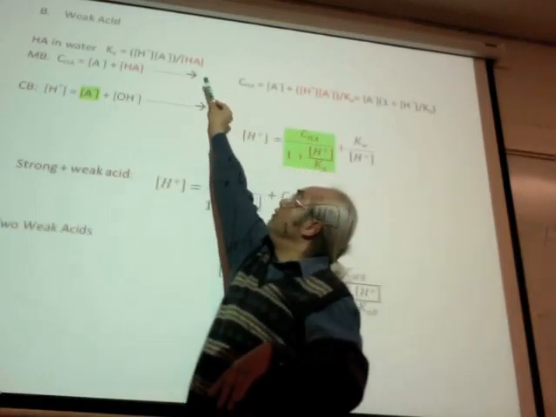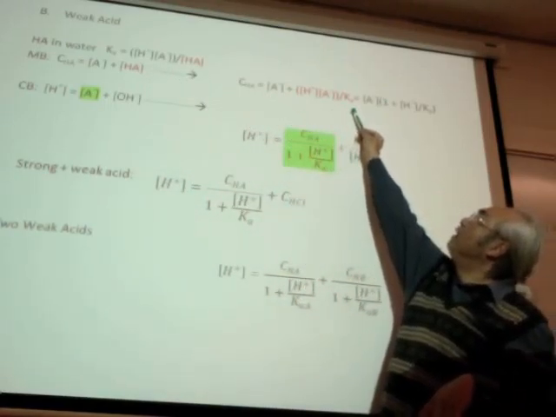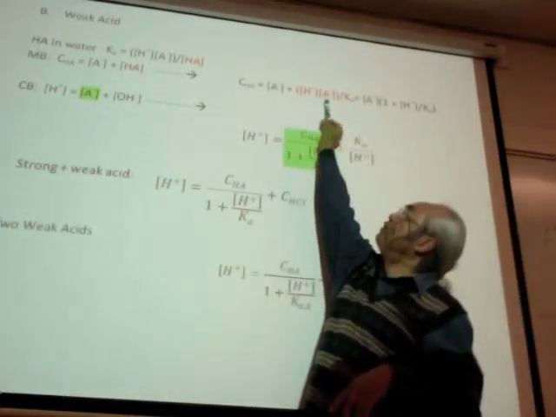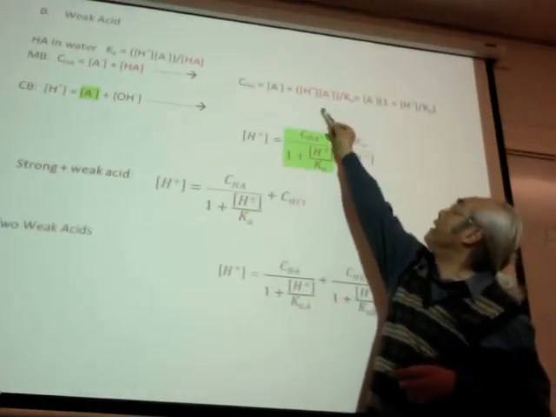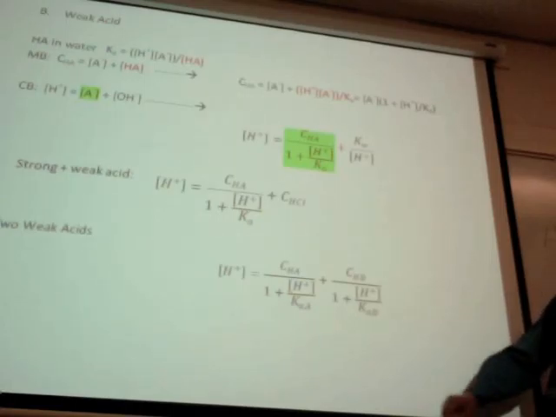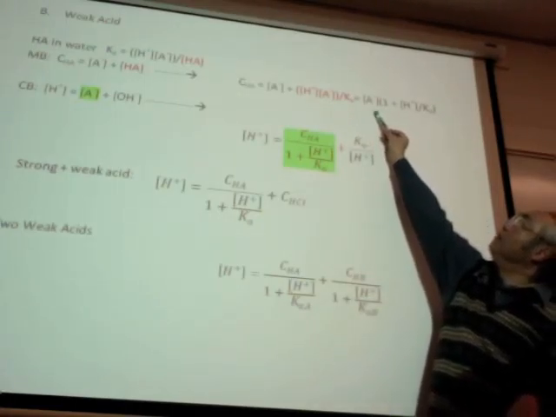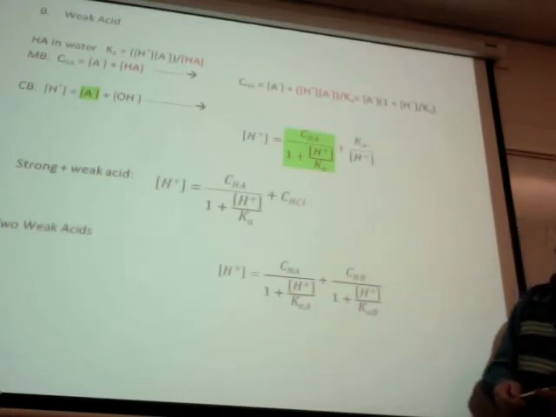Notice these two are the same thing. So instead of writing HA, you write the equivalent. So there's an extension of the charge balance, the mass balance. Extension of the mass balance. So mathematically, you can extract the common A minus, then you will write it like this.